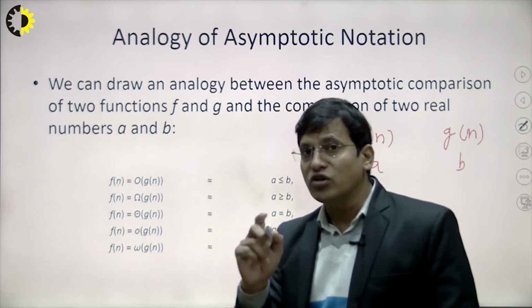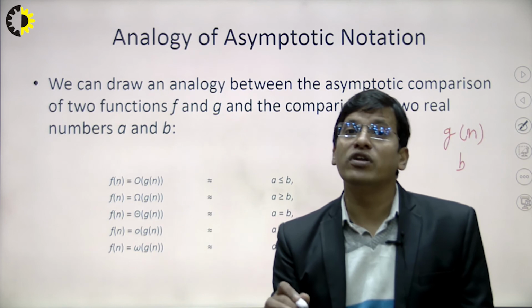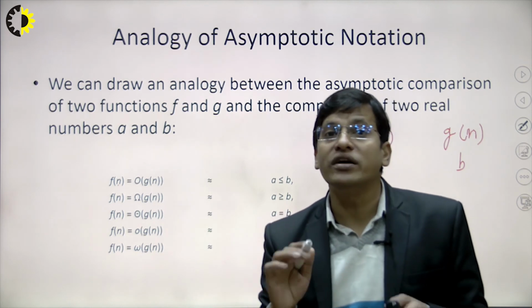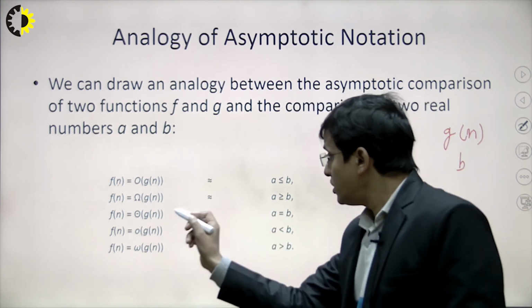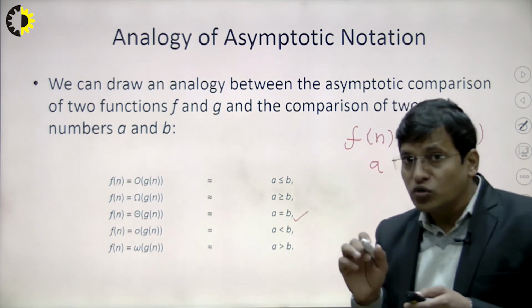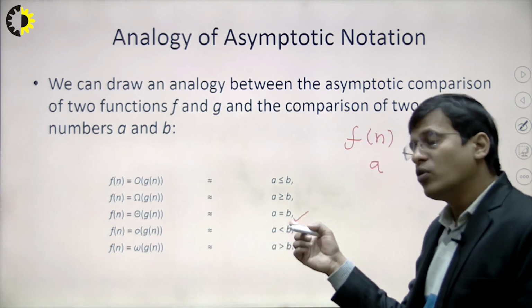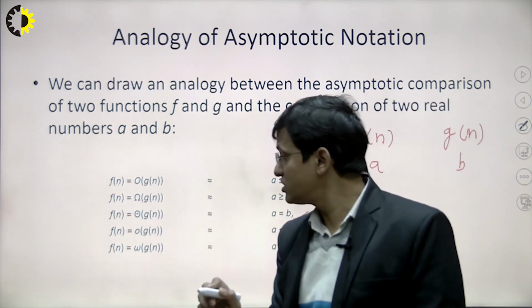Similarly for the theta notation, this is basically the asymptotically tight bound, so this will come when the equality comes into the picture, right. So this will occur when a is equal to b, right. So both a and b are the same, then we can write it in this way, right.